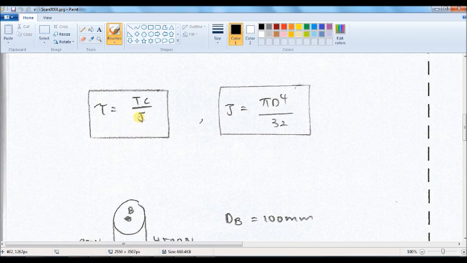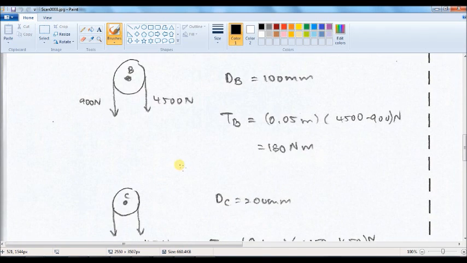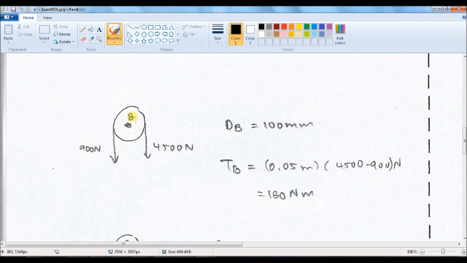Okay, so as you can see in this equation, to find the shear stress of torsion, I need the value of the torque, right? To find the torque at these two locations B and C, I will draw the free body diagram of each pulley separately. For pulley B, as I told you, we have the belt with the maximum tight side, and the other side of the belt is loose, with minimum tension.